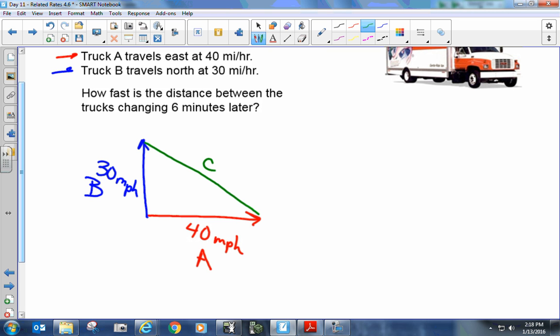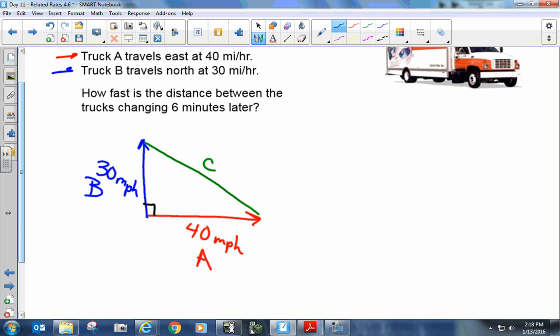Now, I have a right triangle. What do you think we're going to use if I have two sides? Don't we need to use, if we're going to find a hypotenuse, we have two sides?